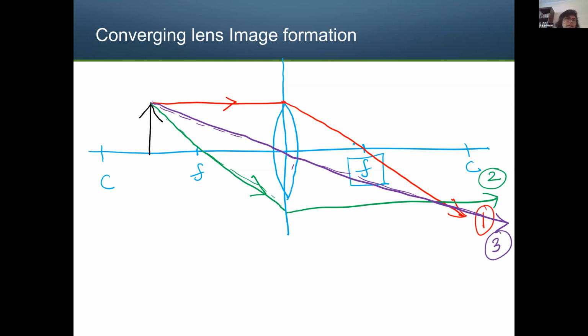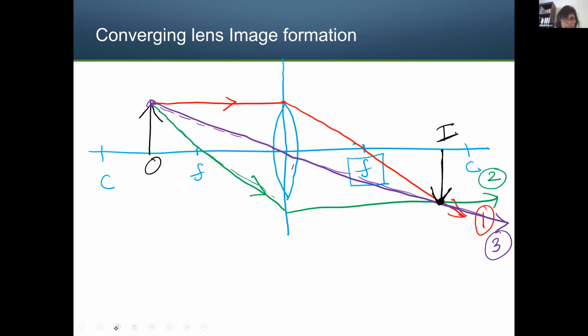So now I started from this point, and where I end up, the tip point is here. Those are actually real rays, so I can use the solid line to represent the image. This is the image, this is the object. You can use any 2 of these to find the image location graphically.